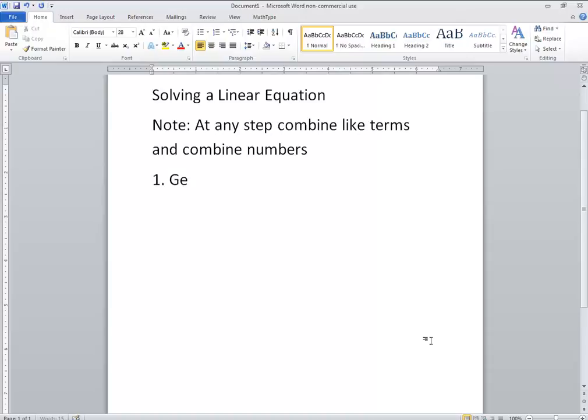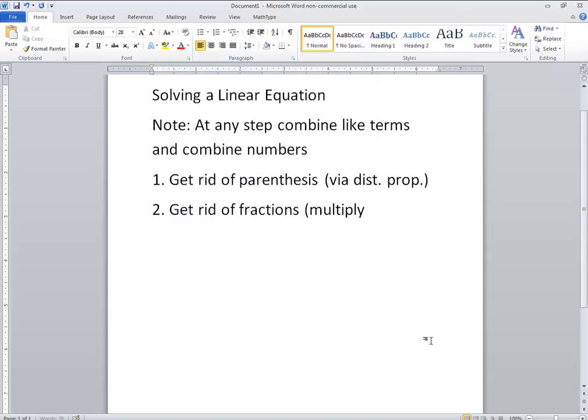Our first step is to get rid of parentheses, and we do this via the distributive property. Our second step is to get rid of fractions, and we multiply everything by the LCM of all the denominators.